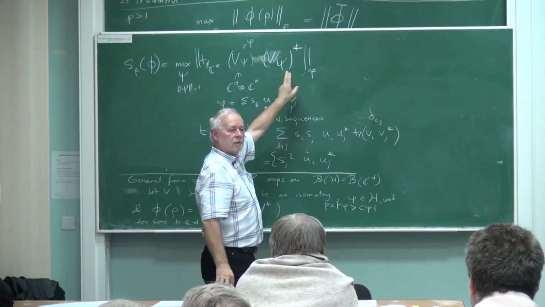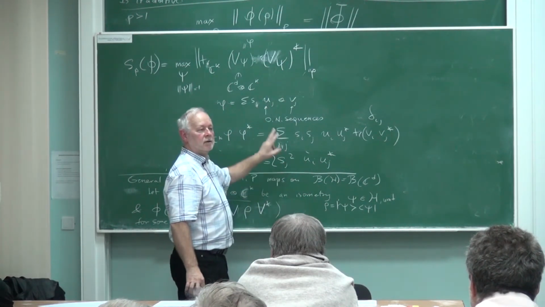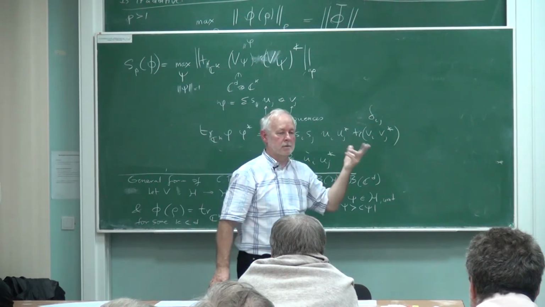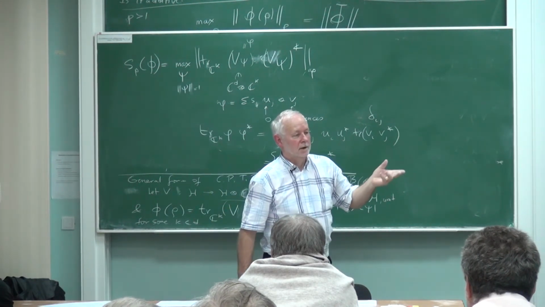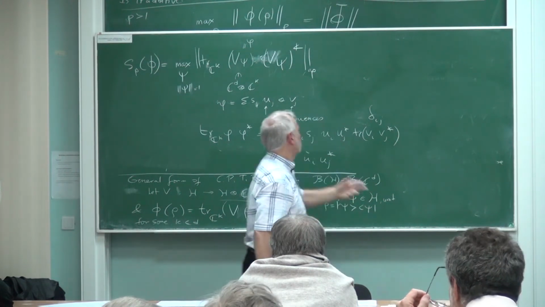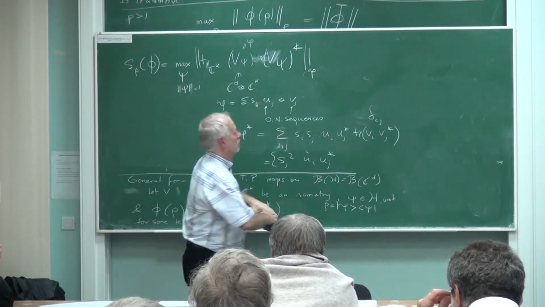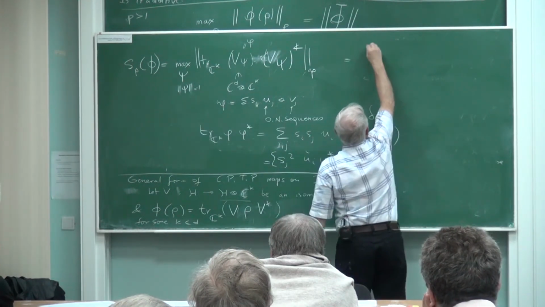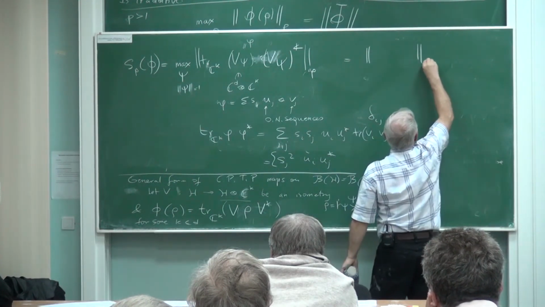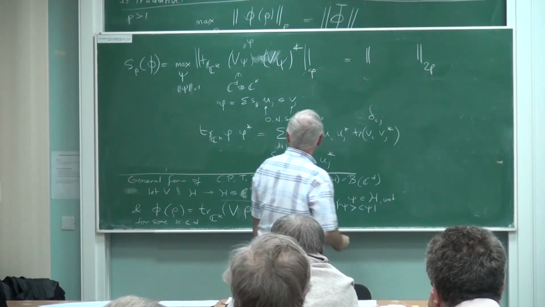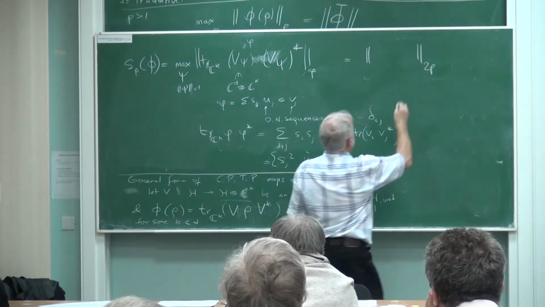Now here I get a square, so this equals the Schatten 2p-th norm. Is it squared or square root? No, it's probably squared, right?